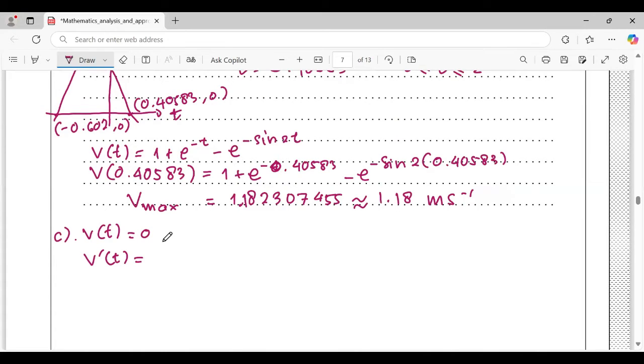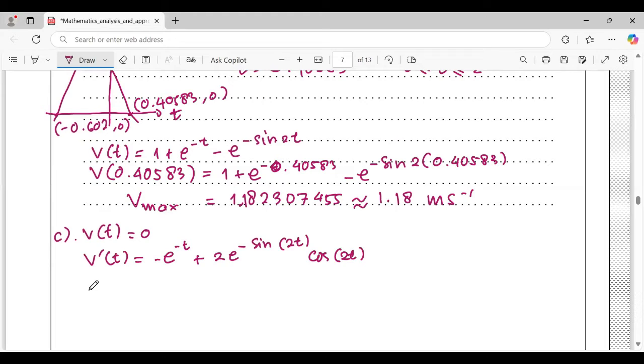The derivative equals 0 minus e power minus t, and then plus 2e power minus sine 2t cosine 2t. Okay, we're going to find the acceleration.